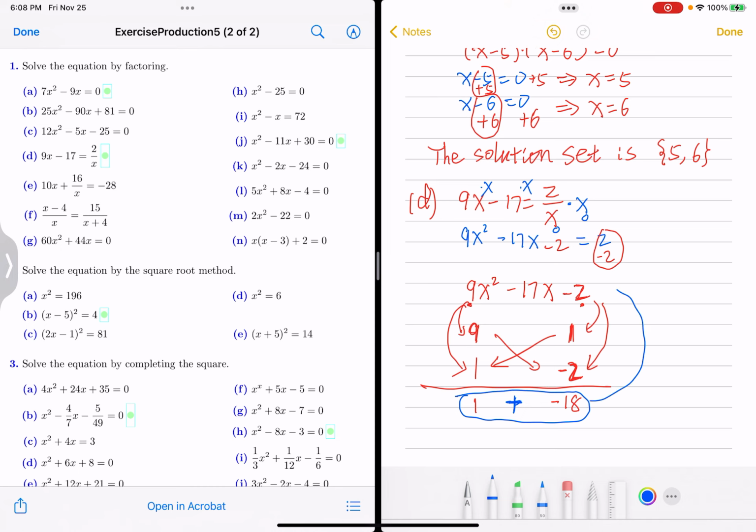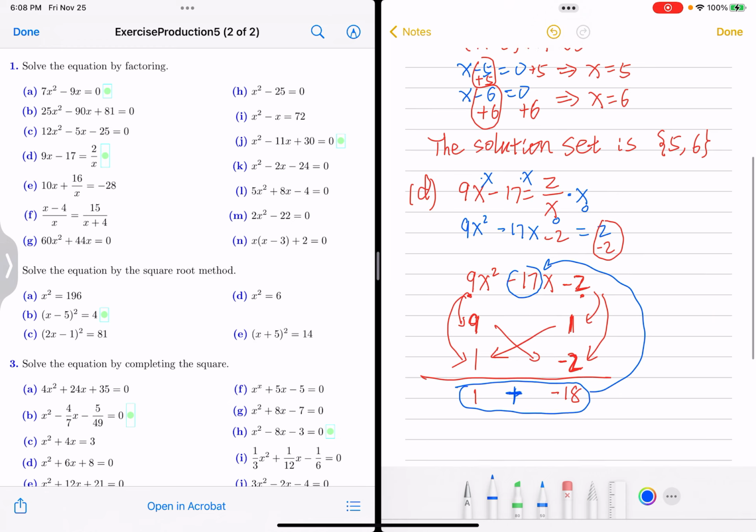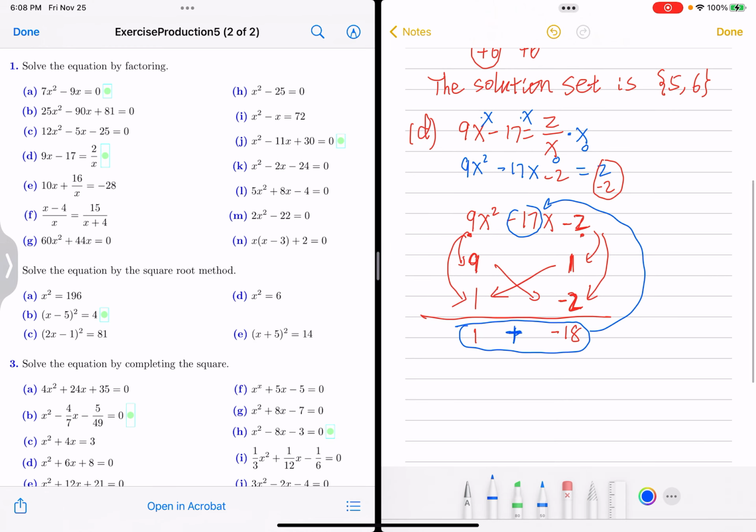If you get the coefficient right here, then that's the correct split. The correct split will give you 9x plus 1. You write in this way. And here you will write x minus 2. x minus 2 equals 0.